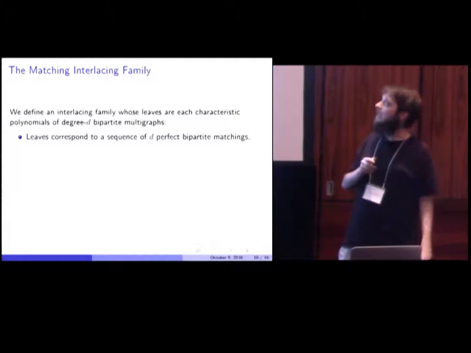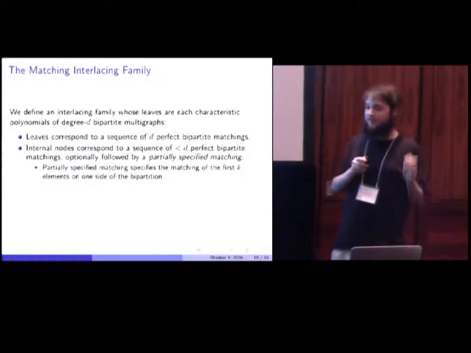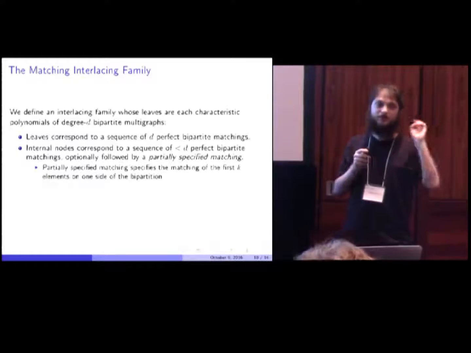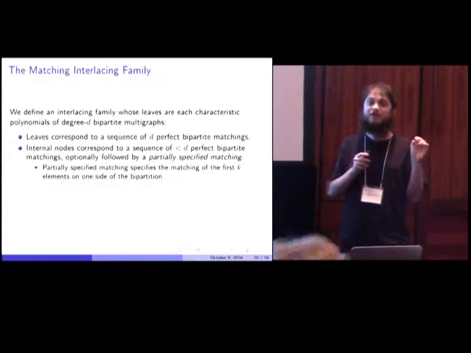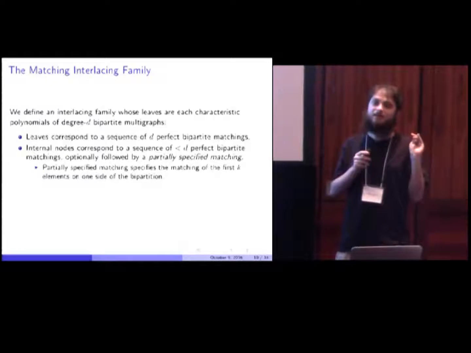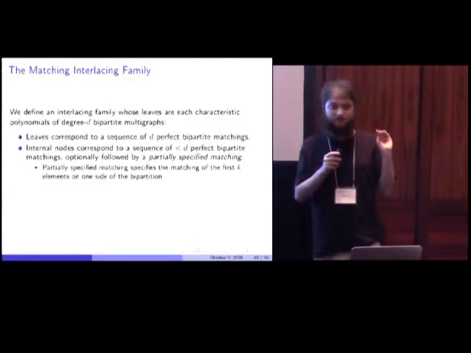An internal node corresponds to a partial determination: you've determined some of the matchings, let's say the first matching, and then there is optionally one matching that you've only partially determined.